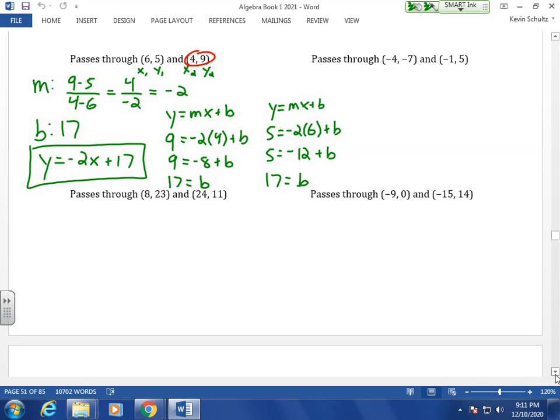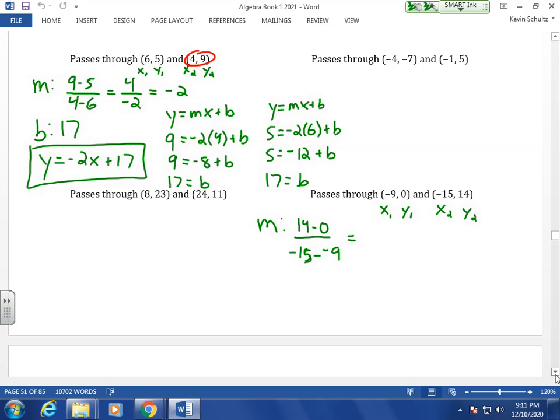So again, another situation where the slope is not given to you. However, you are given 2 ordered pairs. So we have x1, y1, x2, y2. We can use those to calculate the slope. So we have 14 minus 0, y2 minus y1, over x2, -15, minus -9.